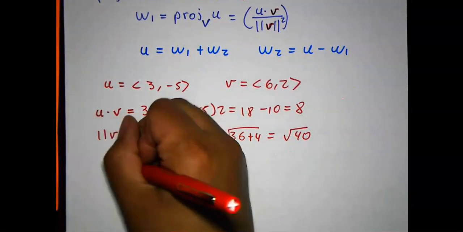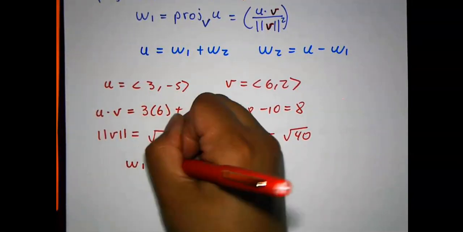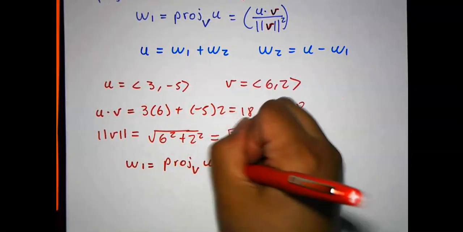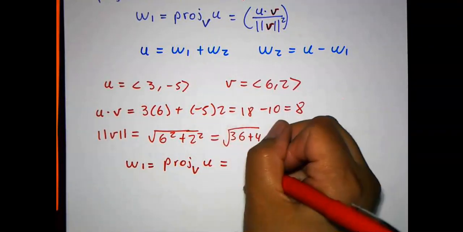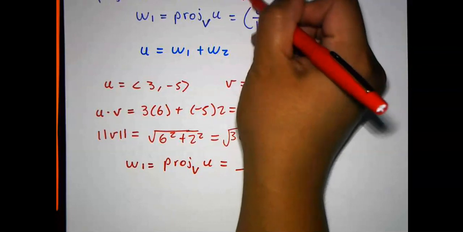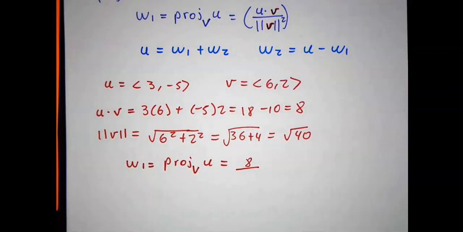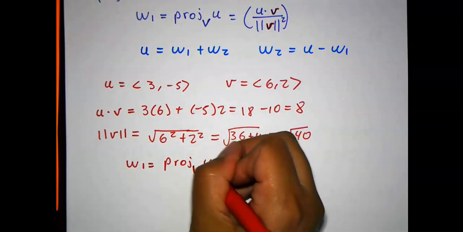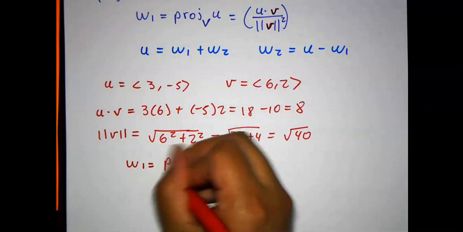Okay, so then W1 is going to be the projection of v onto u. The dot product was 8. This is my v, it looks like a square root, but it's a v. The projection is a subscript v, and then the u is on the same level as the projection.